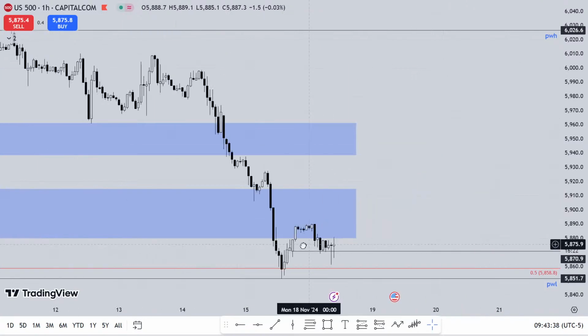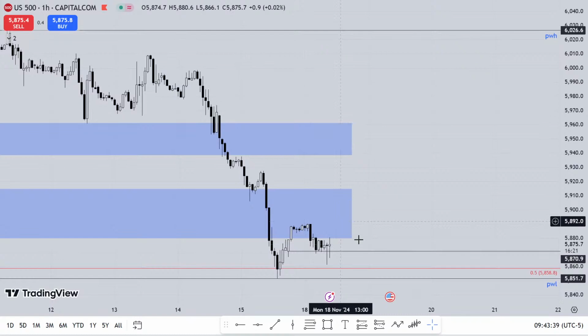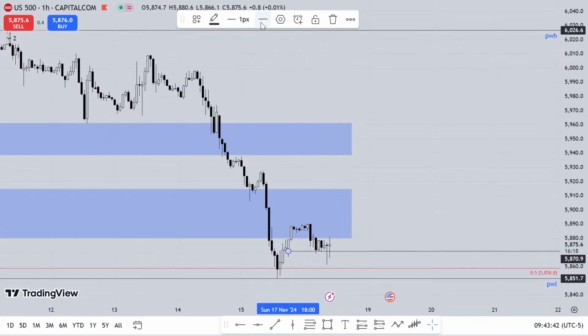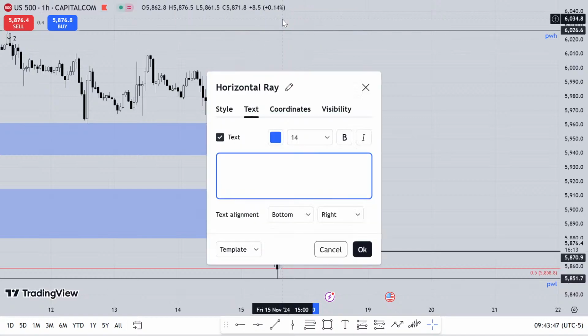For Sunday, we have this as the Sunday's opening. So we're going to make this a tick line and indicate this as the Sunday's opening price.